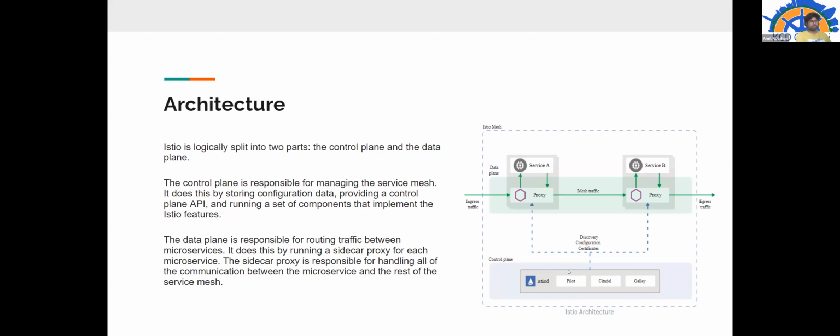For example, if we are deploying on Kubernetes, it will get integrated with CoreDNS. So all the service information will be pulled from there and passed on to the proxy, so that it has all the service information within.